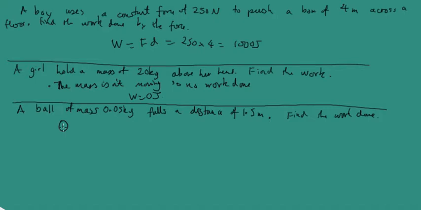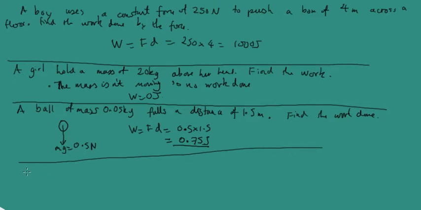So the force is going to be the same as the weight, which is mg, which is going to be 0.5 newtons. So the work is the force times the distance, which is 0.5 times 1.5, which will be 0.75 joules.